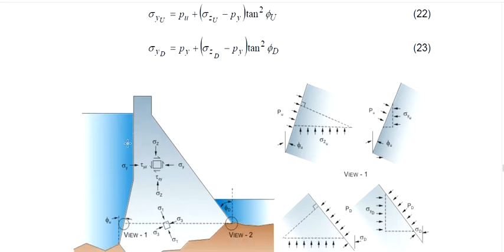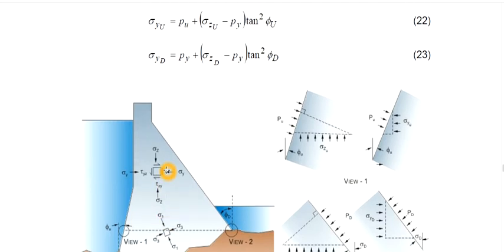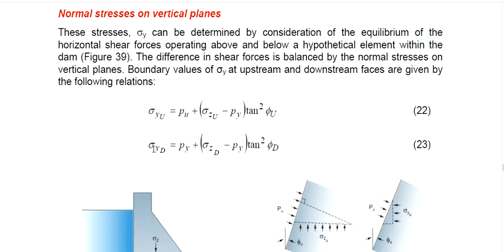So here is your wedge over which this force and this force, you can say, stresses are working, and this is tau yz and tau zy are the complementary stresses. So we have to find out the normal stresses, and normal stresses are nothing but these expressions.